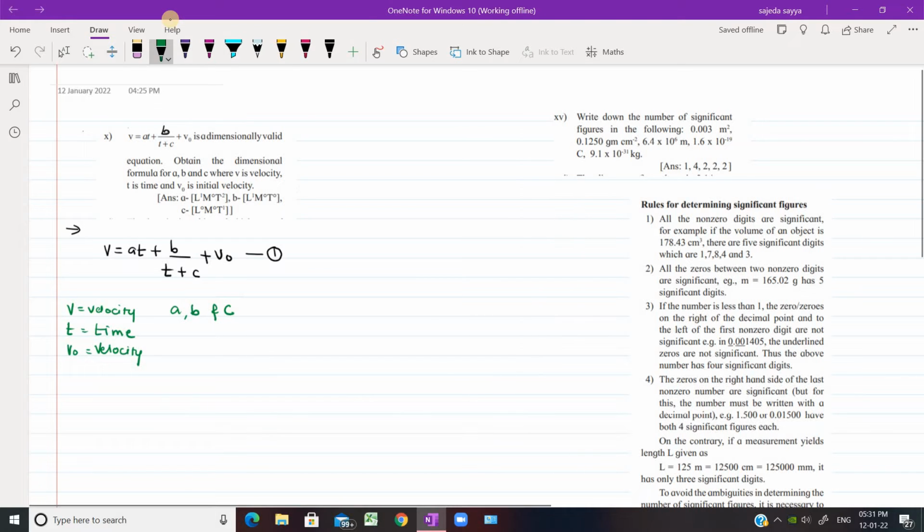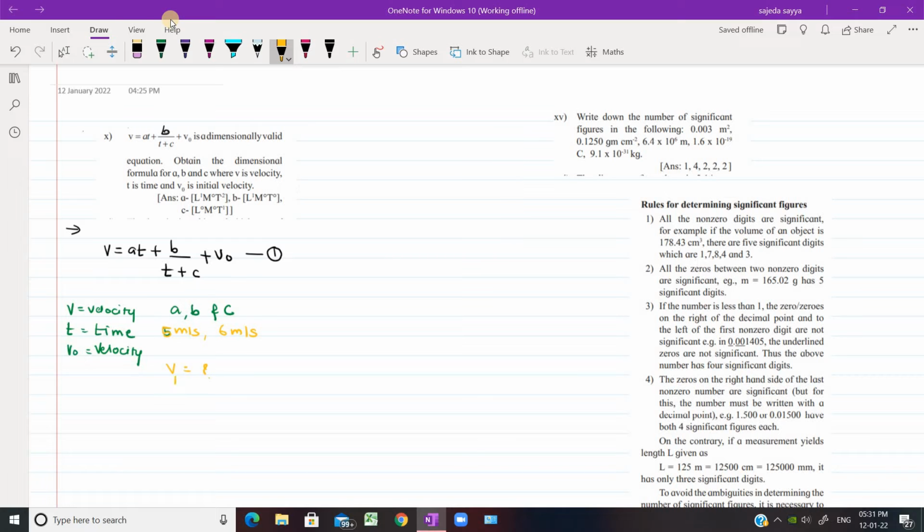Generally, only those physical quantities which have the same dimensions can be added. For example, 5 meter per second velocity, another 6 meter per second velocity. Two objects are moving with these two different velocities. We are asked to find their resultant.